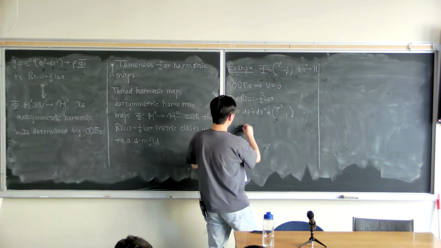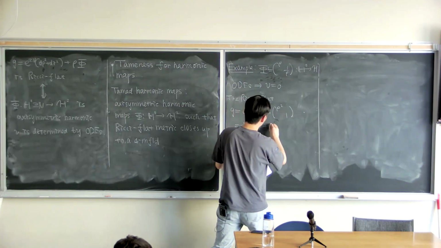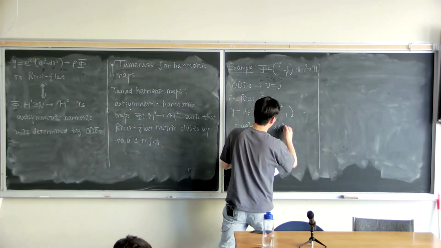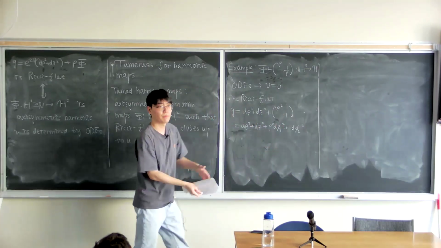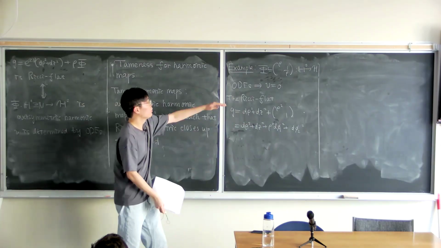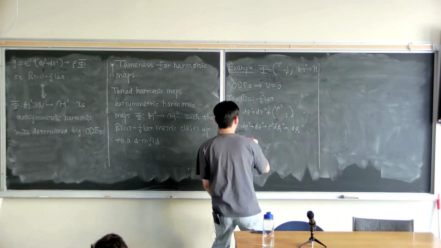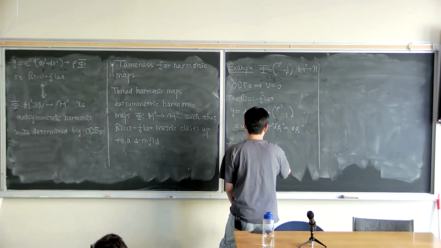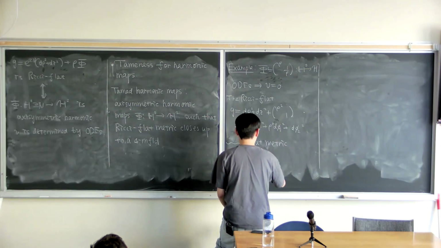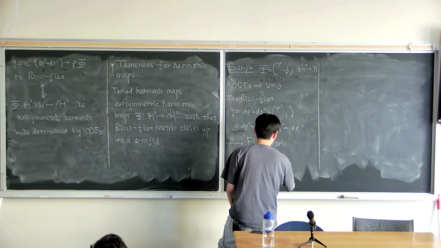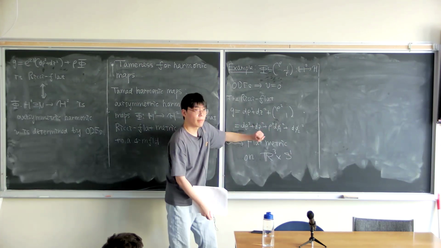More precisely, you can write the metric as d rho squared plus dz squared plus rho squared d phi 1 squared plus d phi 2 squared. The flat metric. So for this harmonic map, you actually get the flat metric on R3 plus S1.